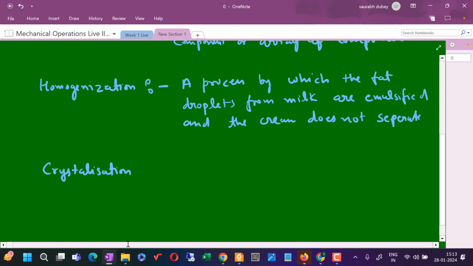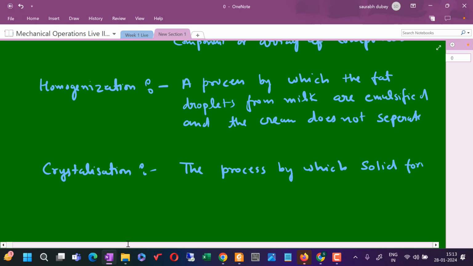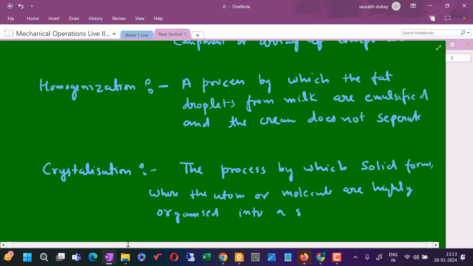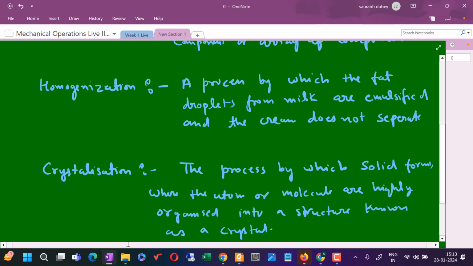Crystallization, the process by which solid forms where the atom or molecule are highly organized into a structure known as a crystal. So that is there. So crystal.